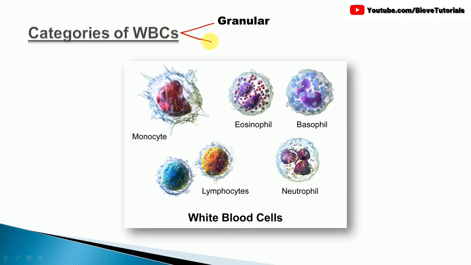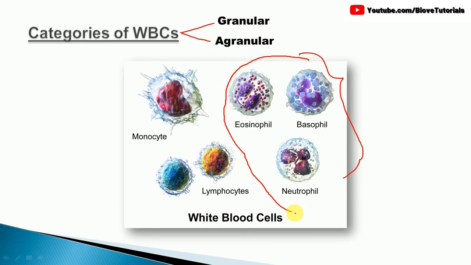And the second one is agranular, meaning there are no granules. So these are the 2 categories. Now granular is divided into 3 parts: eosinophil, basophil and neutrophil. These 3 come under the category of granular.